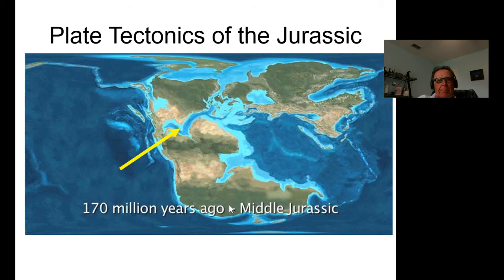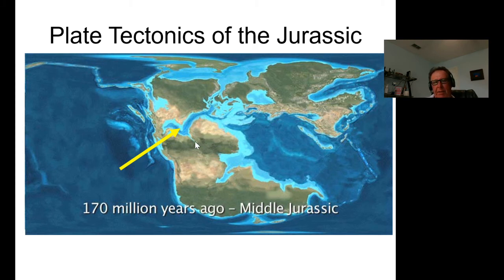In terms of plate tectonics in the Jurassic, if we go back to 170 million years ago in the Middle Jurassic, we can see that Gondwana is beginning to separate from North America. So this is North America. I know it's hard to tell which of these are which.